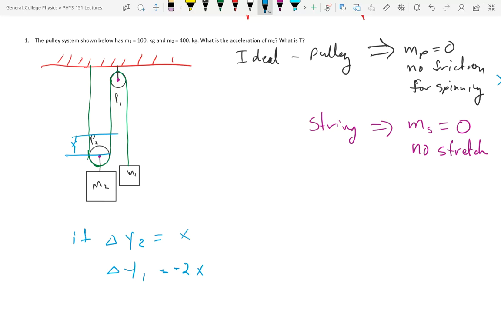So we are going to have from this the relationship that acceleration of object 1 is equal to minus 2 acceleration of object 2. Minus because the accelerations are going to be in opposite directions. The 2 because of the 2 strings on object 2 versus 1 on object 1. So that's the setup. Now we're ready to do the problem.